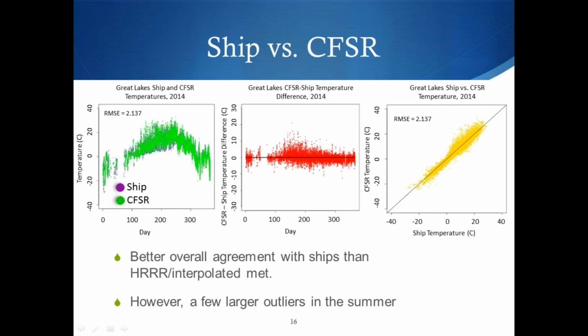The summer bias: is there a potential that when the air and water aren't driving a big difference, the heat on the ship could be more, and that could be affecting the measurements? Yeah, I haven't thought about that. I guess it's possible the ships could be heating up more, but I'm not sure if they have a way to correct for that.